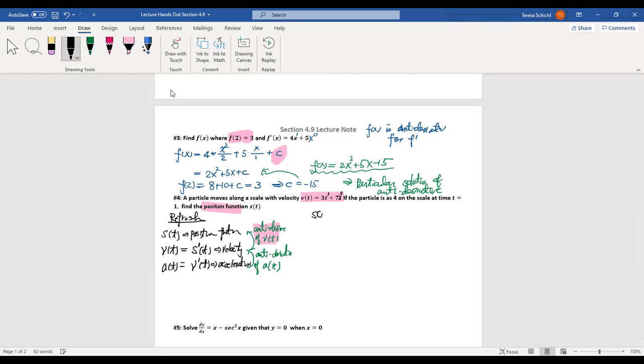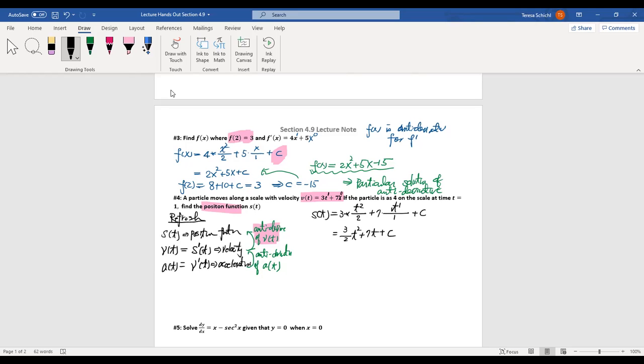So the antiderivative will be 3 times, 1 plus 1 is 2, so t squared, then plus 7. And 0 plus 1 is 1, so t to the first, and then don't forget plus c. So I have 3/2 t squared plus 7t plus c.